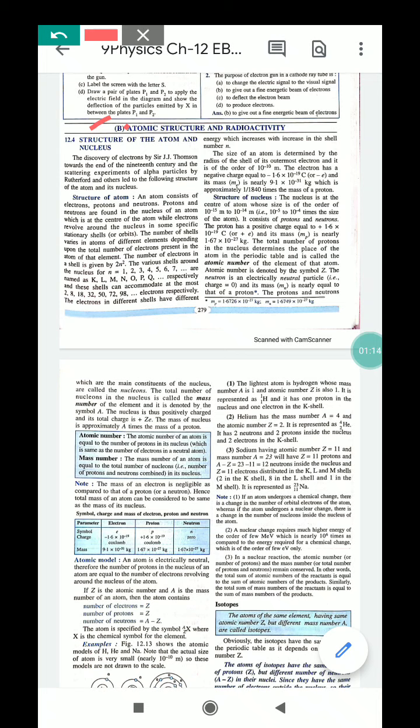The nucleus of an atom consists of protons and neutrons and is positively charged. Almost the entire mass of an atom is localized inside its nucleus. An atom as a whole is electrically neutral. Let's take some examples so that we will be able to understand.